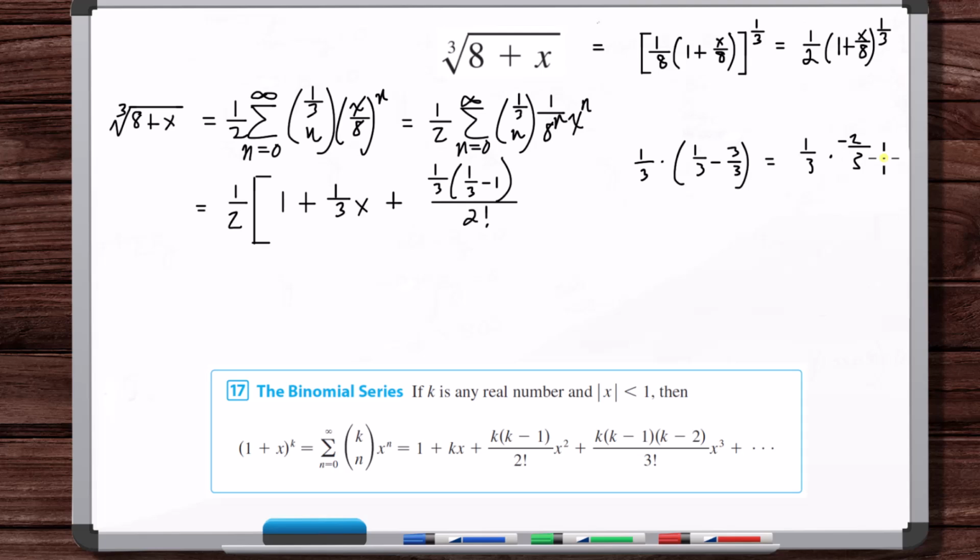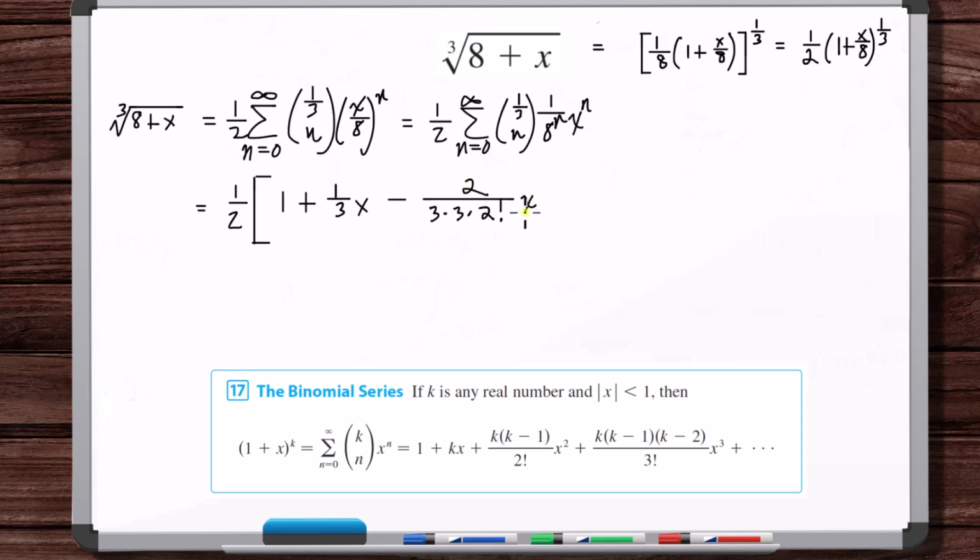Okay, so that's going to be minus 2 over 3 times 3 times 2 factorial x squared. And then the next term, I'm assuming, is going to be a minus. You're going to have 1/3 times minus 2/3 times, and then 1/3 minus 2 is minus 5/3.